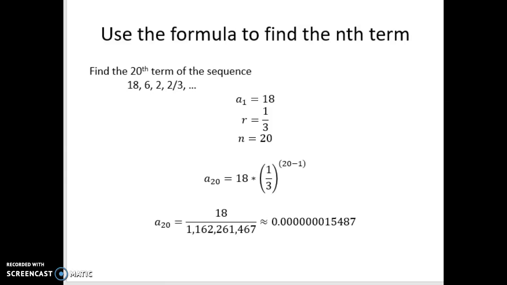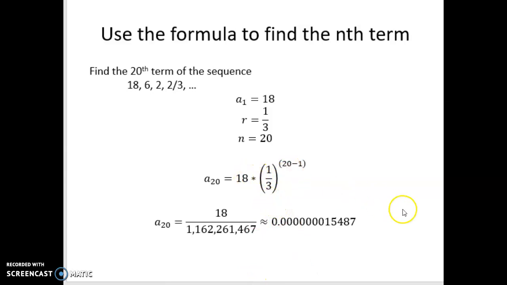To avoid that, we're going to think about each part of the fraction and raising it to the 19th power. 1 to any power is just 1. So if I raise 1 to the 19th power, I have 1 on top, and 3 to the 19th power gives me this number that you see down below here. This is 1,162,261,467. That's what you get when you raise 3 to the 19th power.